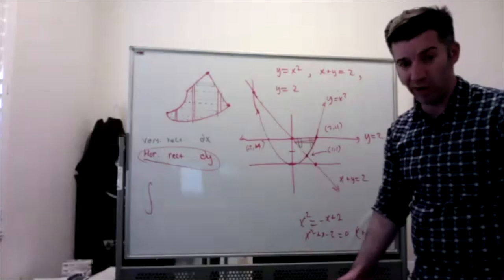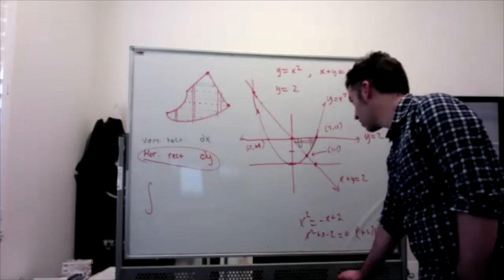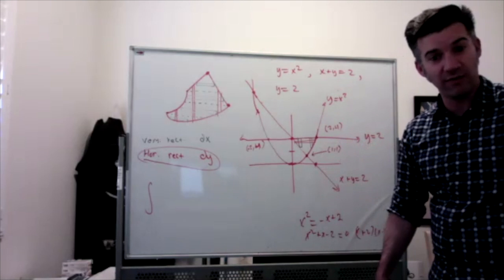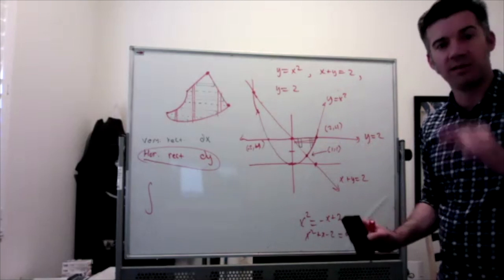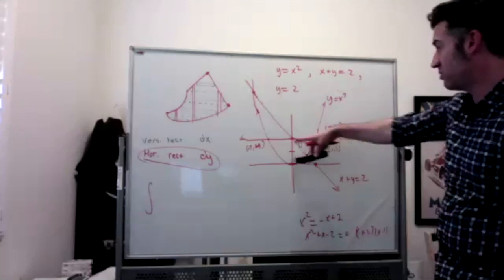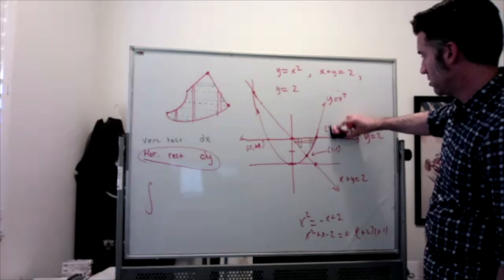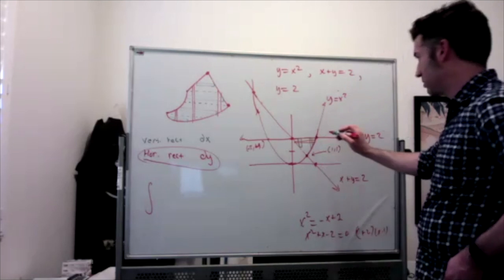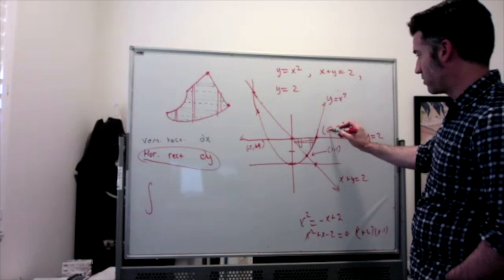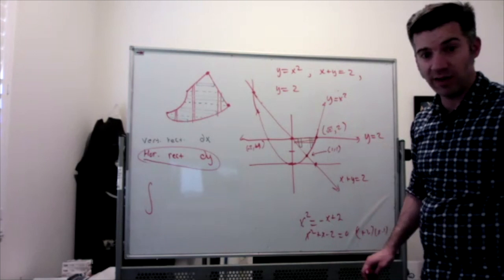I mislabeled my points. So I need to back up a little bit. I'm annoyed with myself. Sorry, not a huge deal, but it's a big enough deal. This point here is not the point 2, 4. This is y equals 2, meaning this should be the point where y is 2 and x is the square root of 2. Sorry about that.